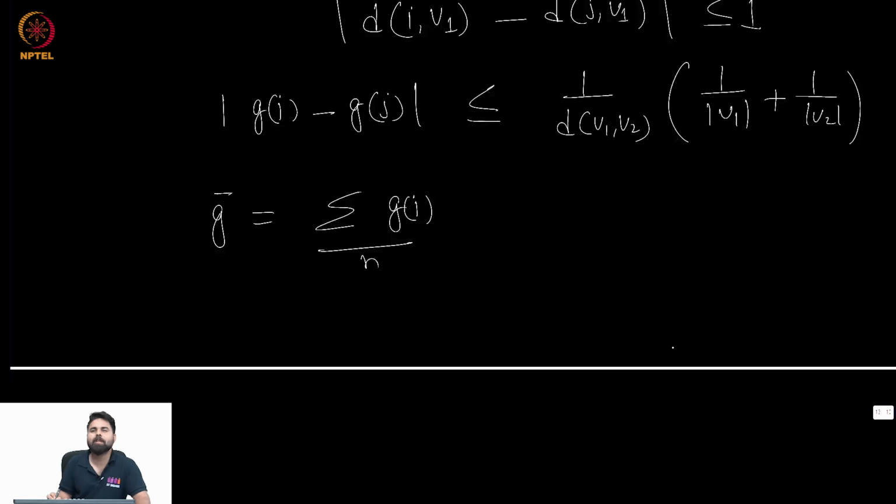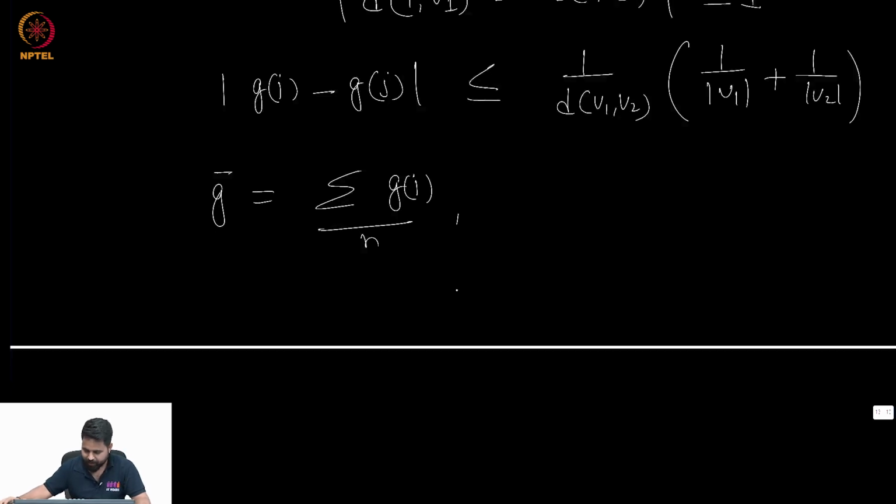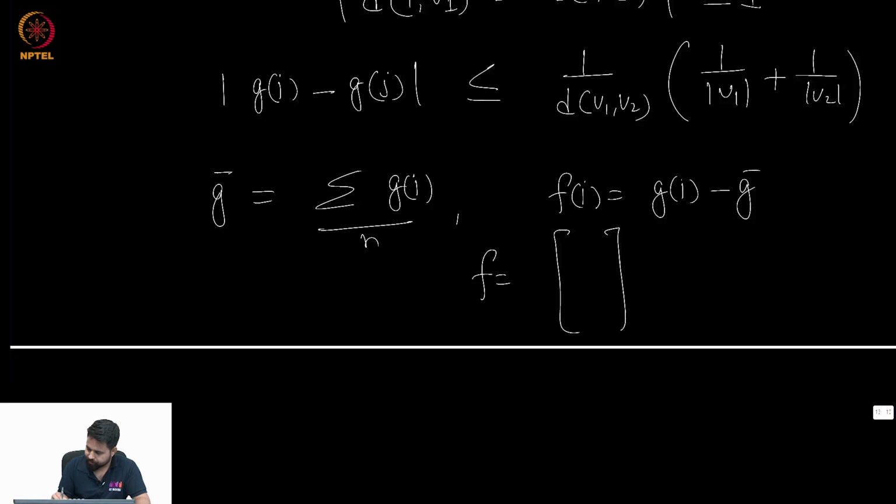Then we will try to cook up one vector whose ith entry is fi. Suppose fi is equal to gi minus g bar, the average of g, for every i, and f is the vector f1, f2, up to fn.